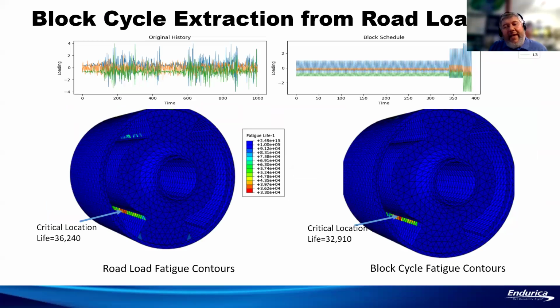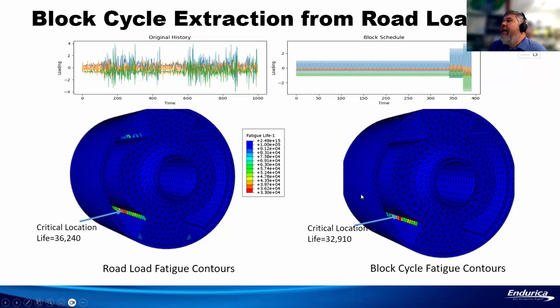On the high end would be cases where we're looking at road loads, like I showed in that workflow. One of the things that we can do is obviously calculate fatigue life, but we can also do block cycle extraction. So if you want to use our tools to calculate simplified load cases that you could use in a test scenario for the component, that's a feature of the tool.